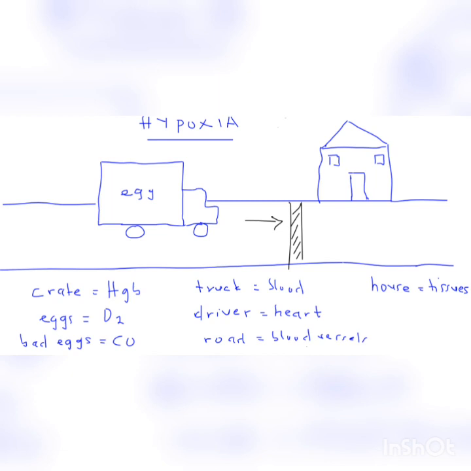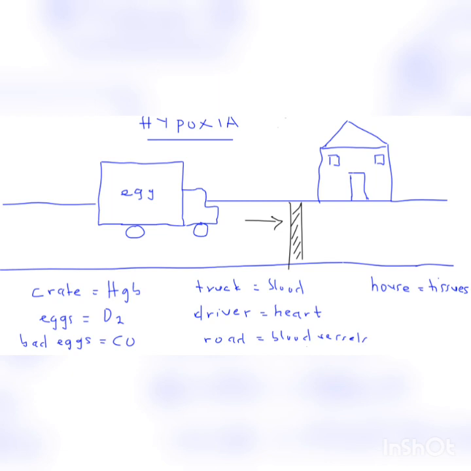We can use this to understand how the body delivers oxygen to tissues, to cells. So we need oxygen to be in blood. Some of that oxygen will be bound to hemoglobin, which is analogous to the crates.